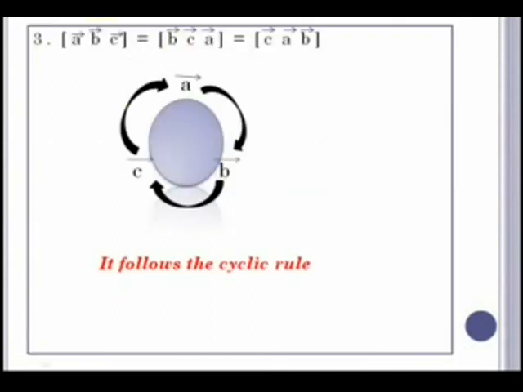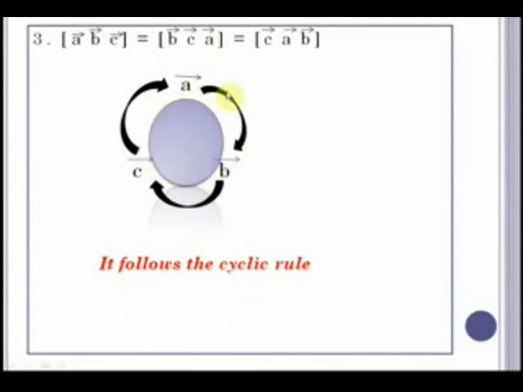Now the third property is the box product of ABC is equal to the box product of BCA is equal to the box product of CAB. Thus all these three box products are equal. Now consider this circle. This is A, this is B, this is C. Now ABC represents a cycle.